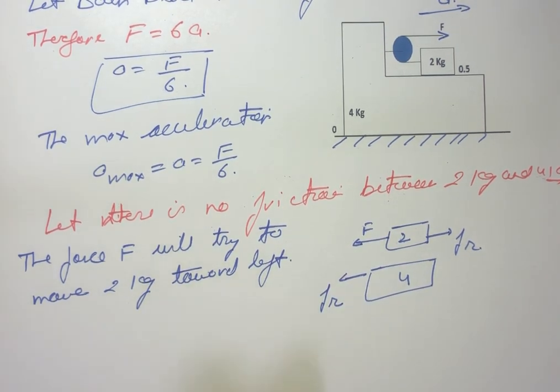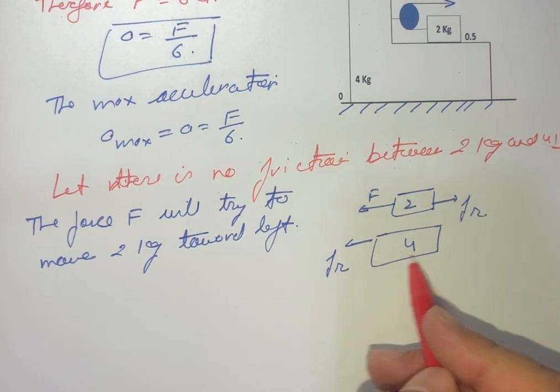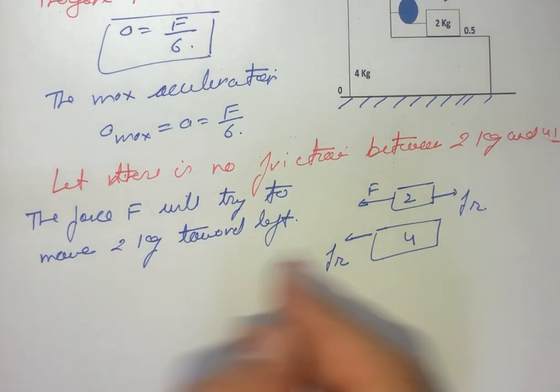Therefore, the friction between 2 and 4 will also force the 4 kg to move toward left.